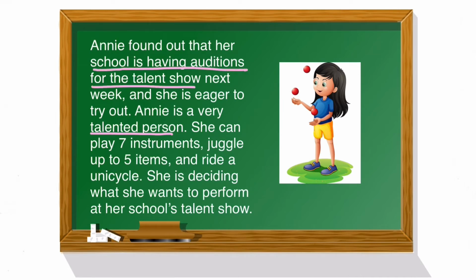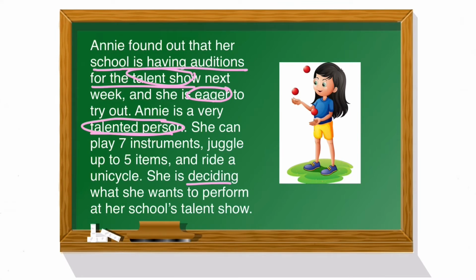She's a very talented person. And as you can see, she's deciding what she wants to do in the talent show. All show us that she is excited and eager to be in her school's talent show. See, in the beginning, there are words like eager, and she's having a talent show, and she's a very talented person. Those are the main ideas of this passage.